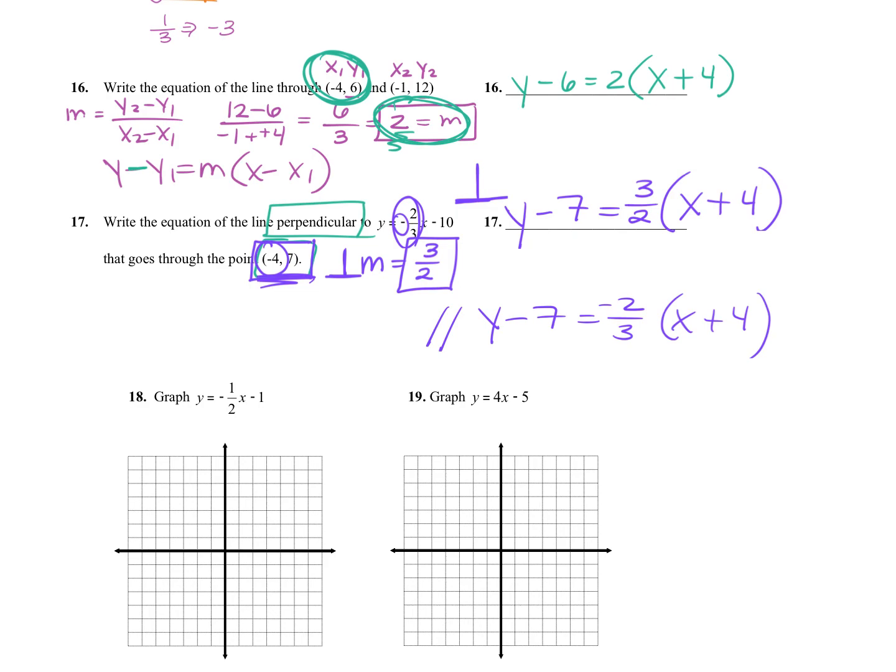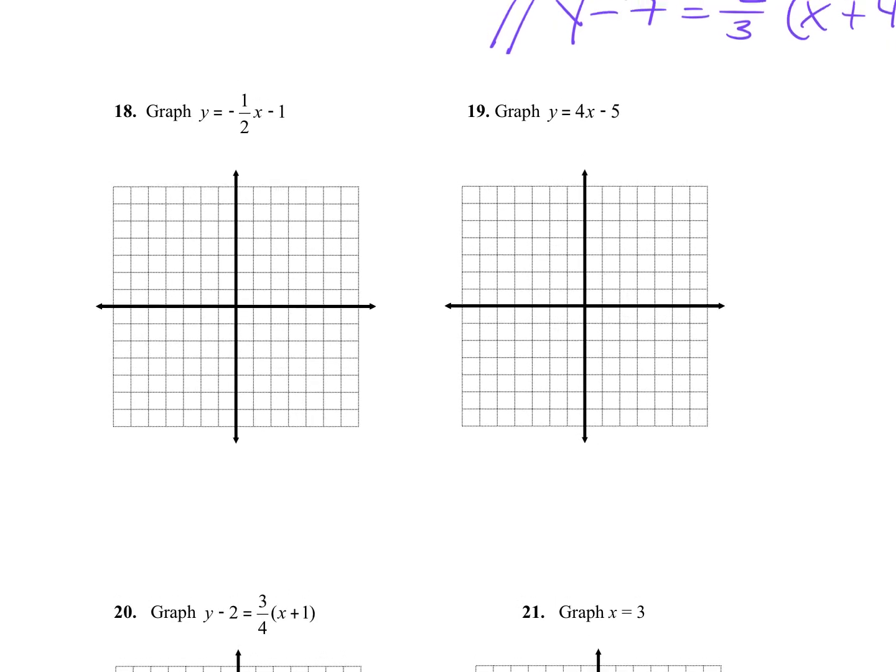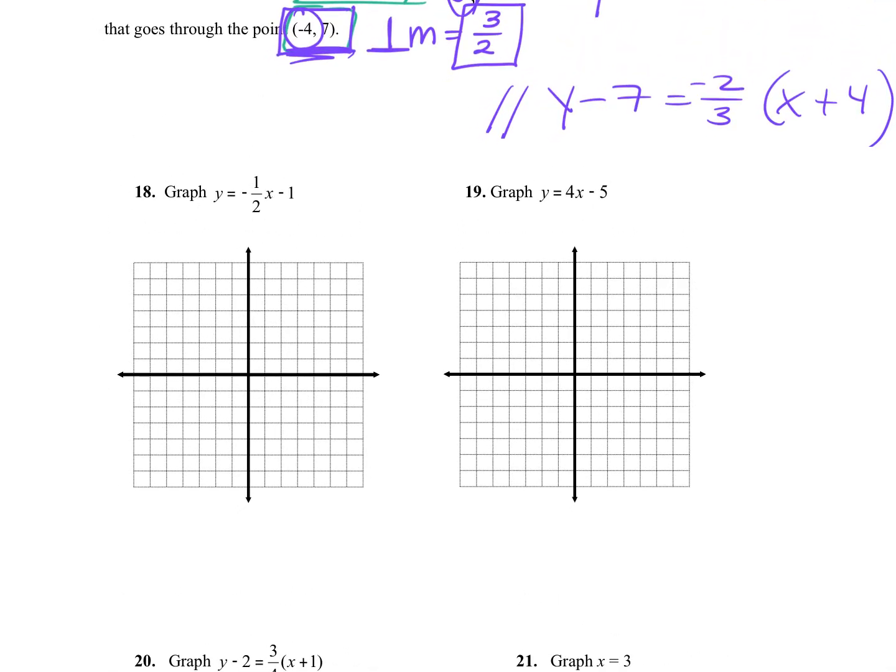Okay, a little bit of graphing and then we're done. If I ask you to graph y equals negative 1/2 x minus 1, where do you move first? Up, down, left, or right? Down 1. That's your y-intercept, so down 1. And then where do you move from there?